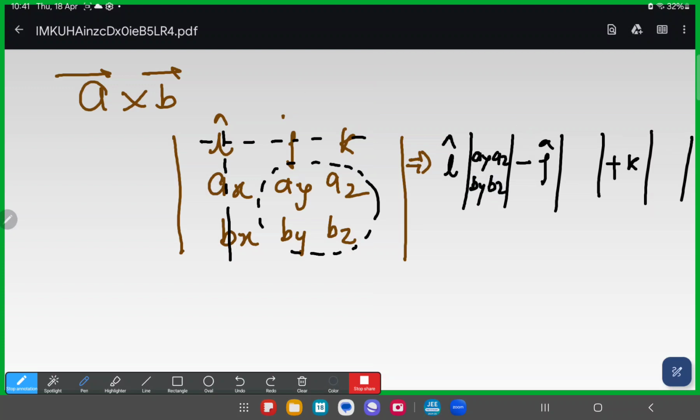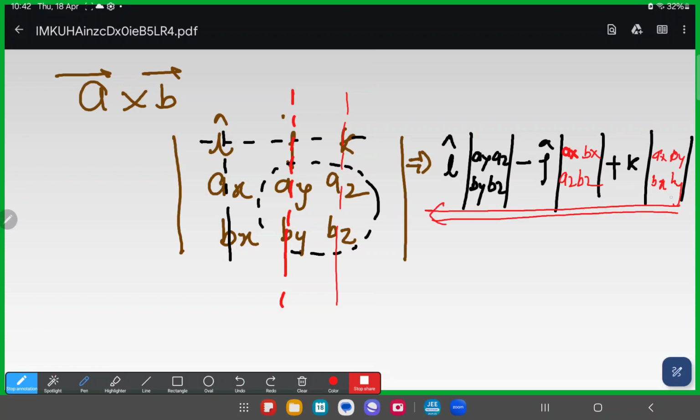Now for J you have to hide the J column, so it will become AX, BX, AZ, BZ. For K, AX, AY, BX, BY. This is the matrix.